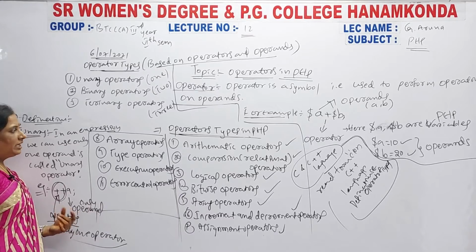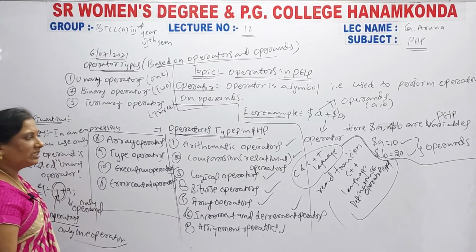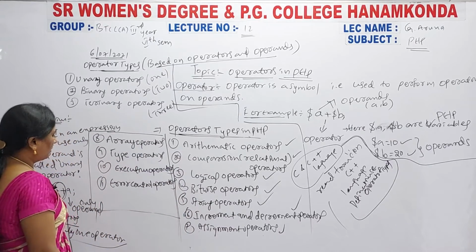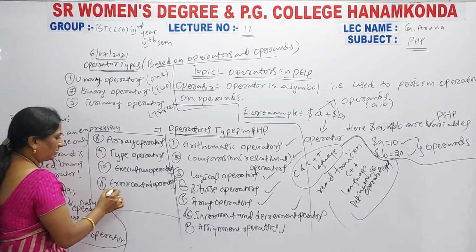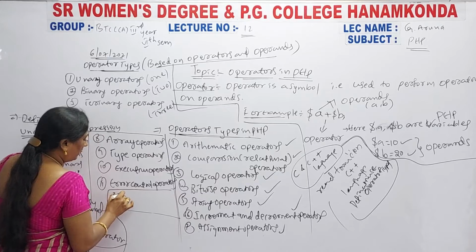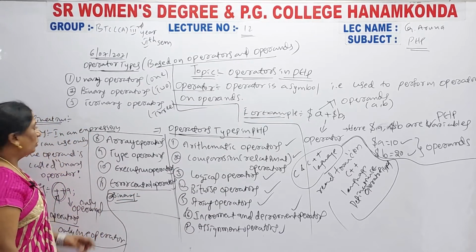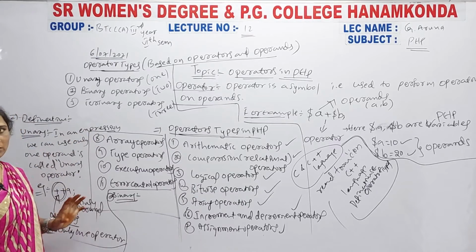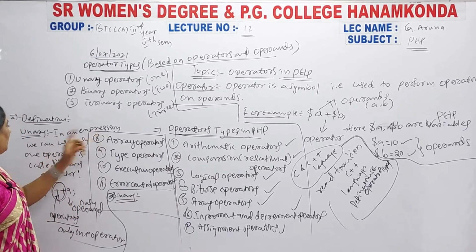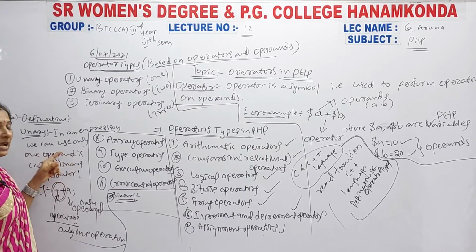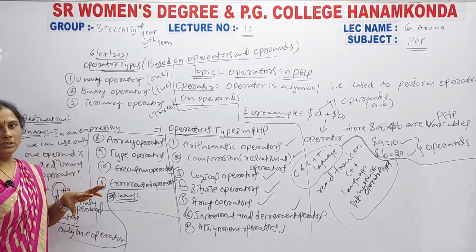Clear definition? Next, binary. So what is the definition of binary? Same as before, in an expression, but in the one place where we wrote one, you have to write 2.